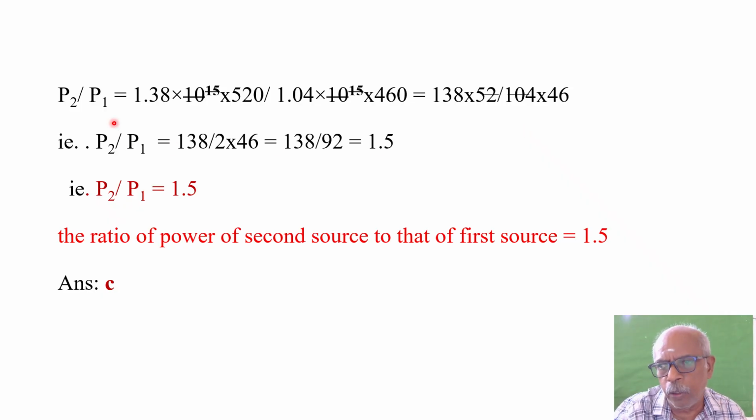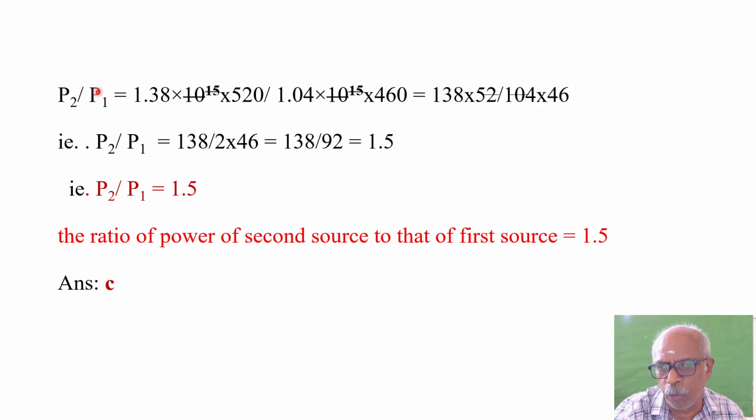So 138, instead of 520 and 460, I am writing 52 and 46. So 138 into 52 divided by 104 into 46. Now you know one thing, 2 into 52 is 104. So 52 by 104 is equal to 1 by 2.